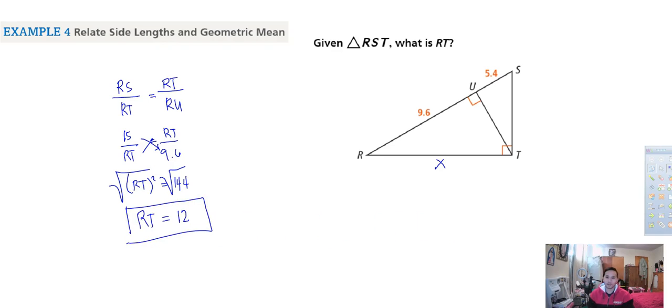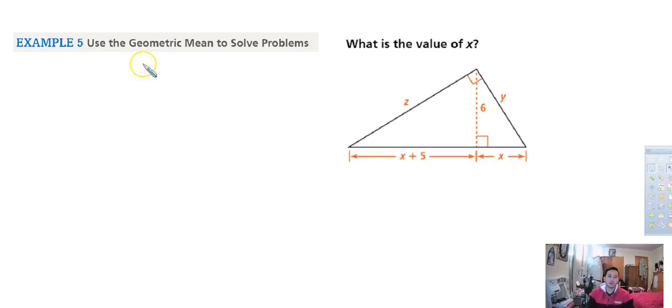All right. Next example. Use geometric mean to solve problem. What is the value of x in this example here? So remember that the length of the shared leg of the two similar triangles, the altitude and the larger triangle, is the geometric mean of the length of the two triangles' non-shared legs.